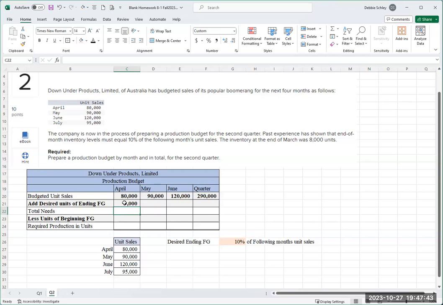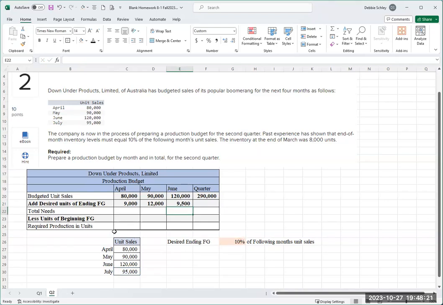Okay, so that works right there. And if I anchor this cell with those dollar signs, then I can drag it across to May, but I can't drag it across to June because July's number is not right here. So I'm going to have to manually enter this one in. So equals July's 95,000, from this information here, times the 10%.